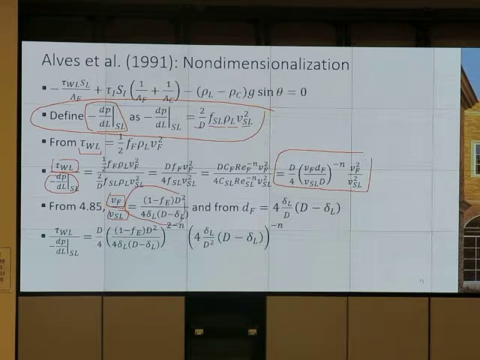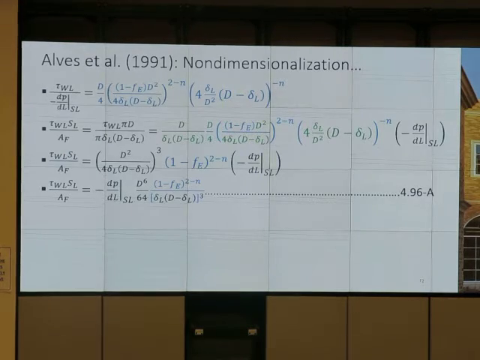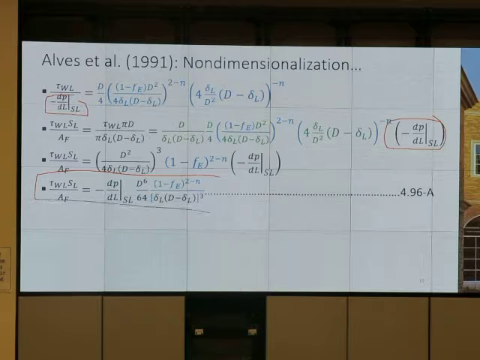You get that. So this is a process, a little bit long, but it's just routine. Scale it with minus dP/dL sub SL, substitute it in, you have that thing. Eventually, do some math and you get this form.